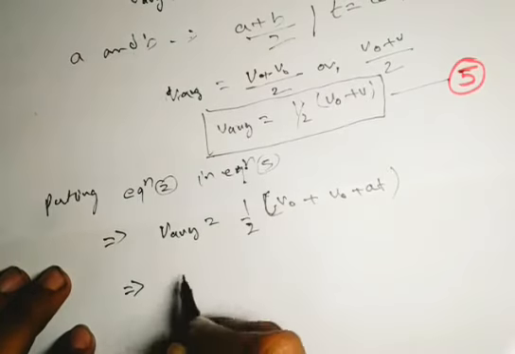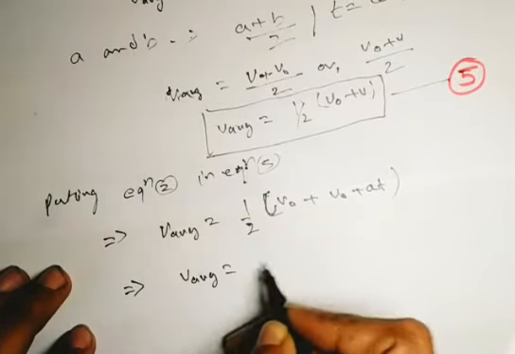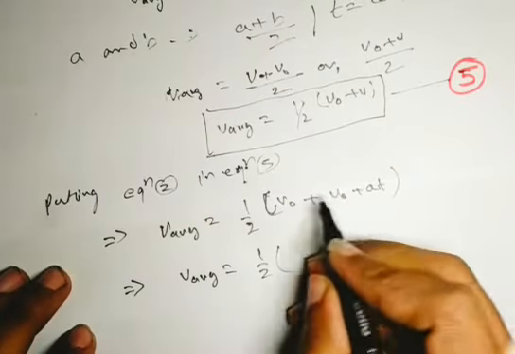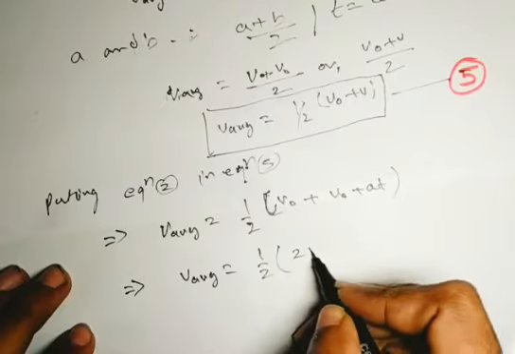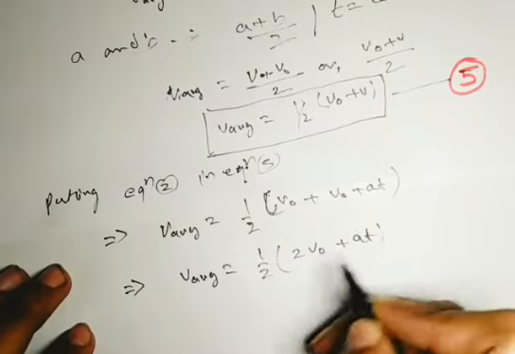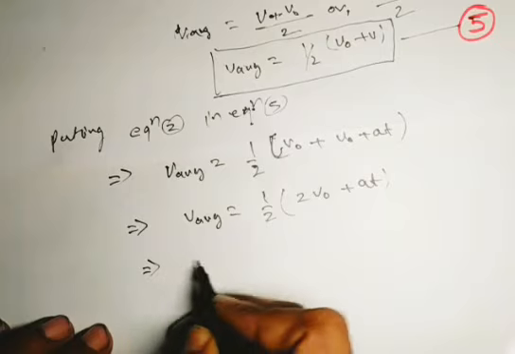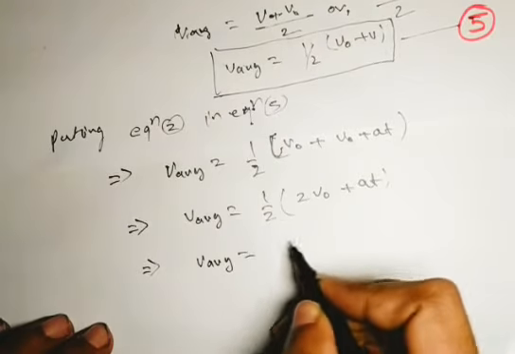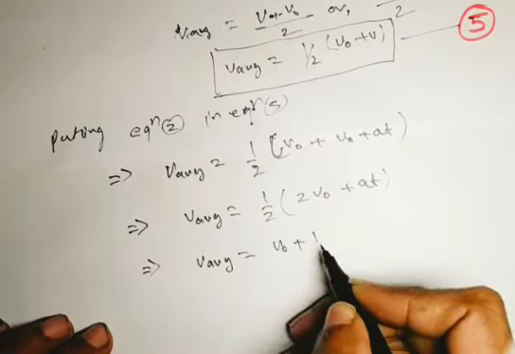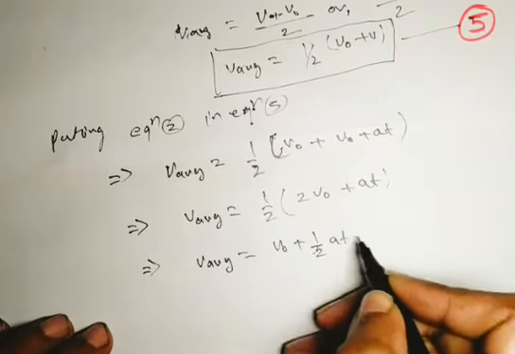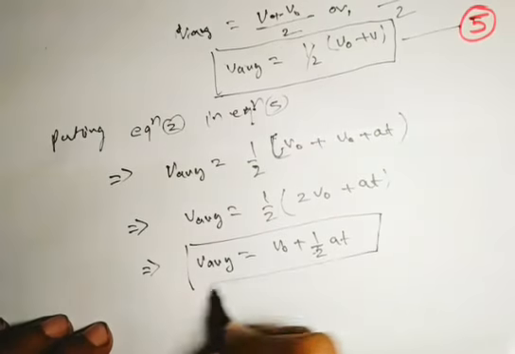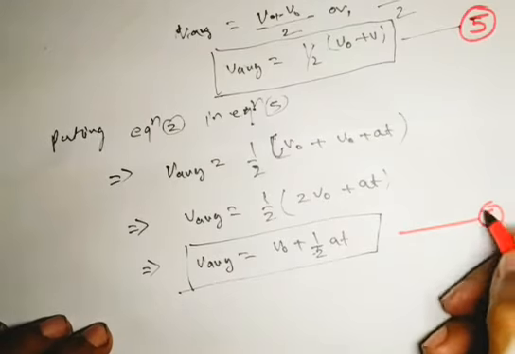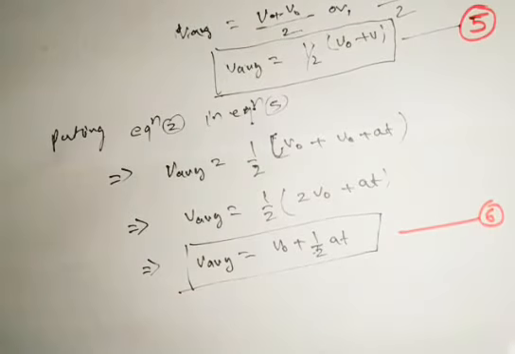That implies v average equal to 1 by 2, the v naught will add up to 2 v naught plus at. So it will become v average equal to v naught plus 1 by 2 at. This is also an important equation. Let's write it as equation 6.